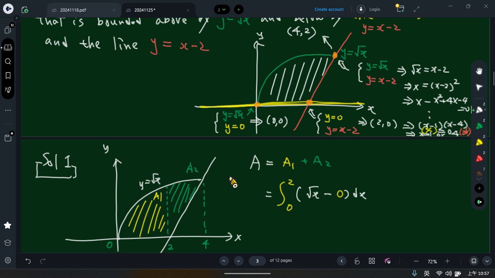For the A2 part, it will be integrating from 2 to 4, right? And the upper function will still be square root of x minus x minus 2, then dx.